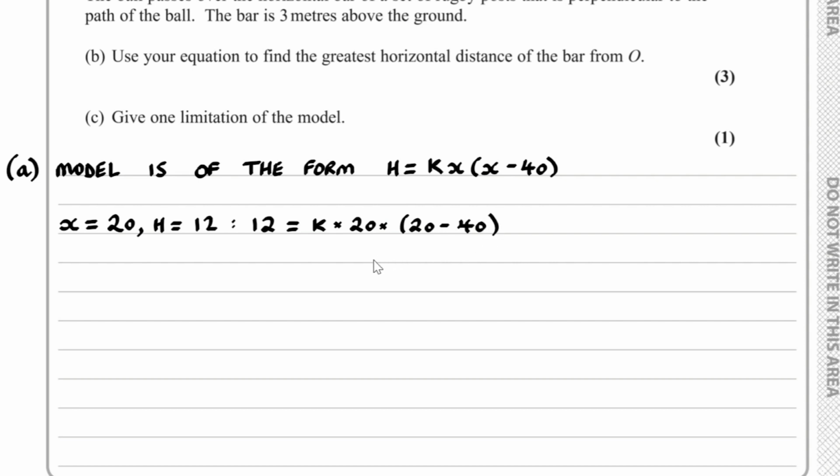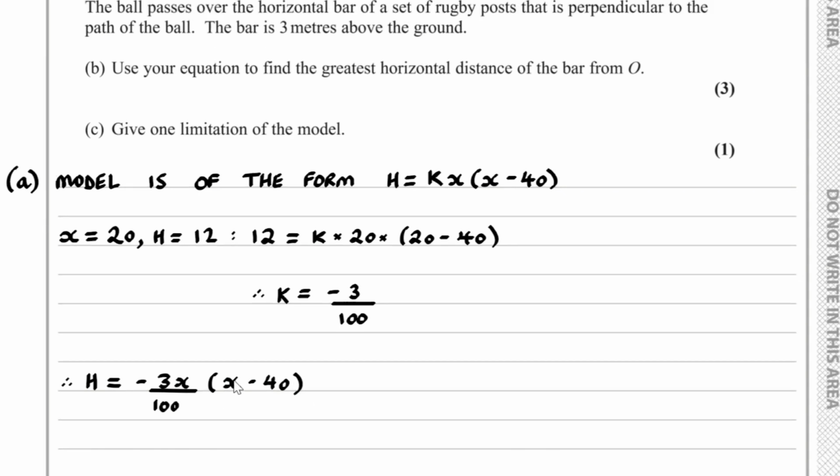And so therefore, we can conclude k is equal to negative 3 over 100. And knowing that k is equal to negative 3 over 100, we can therefore conclude h is equal to negative 3x over 100 multiplied by x minus 40. That's the equation of the model.